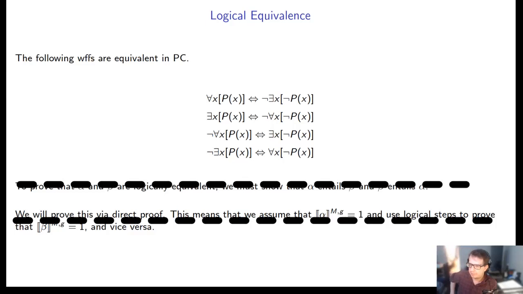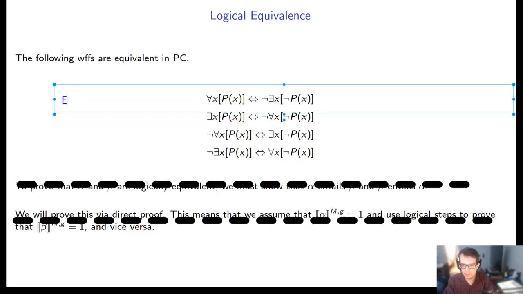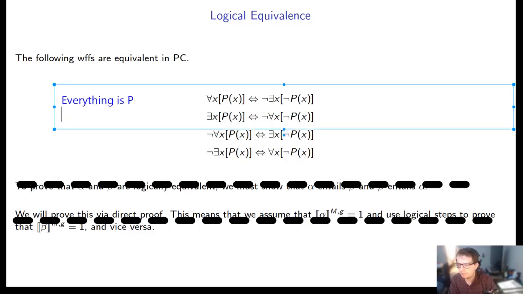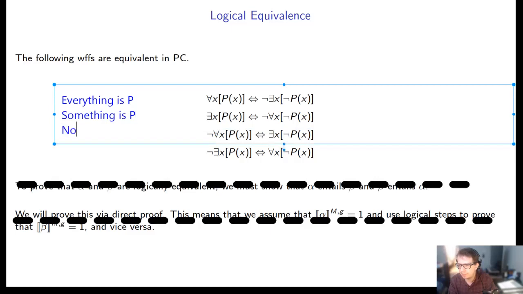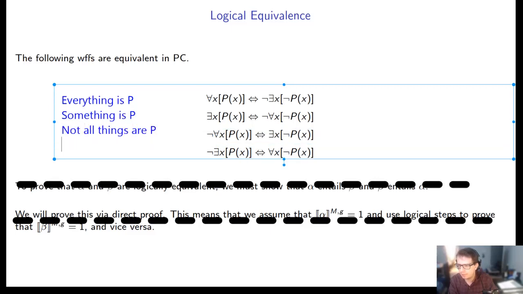Sometimes these are taught in this little box, but we can take these sentences and paraphrase them. So on the left, we have: everything is P, something is P, not all things are P, and nothing is P.